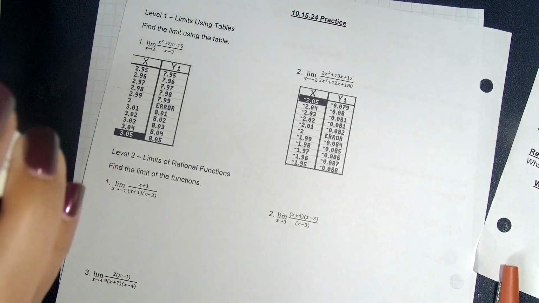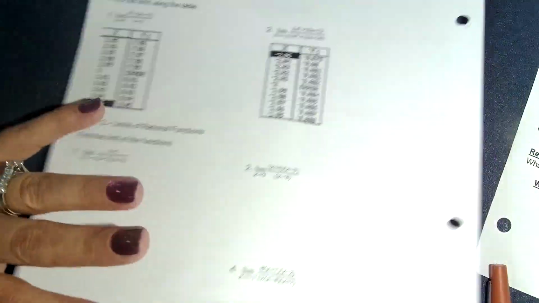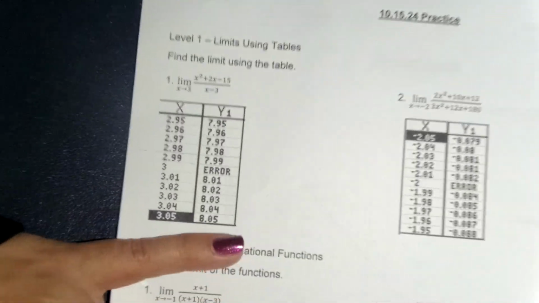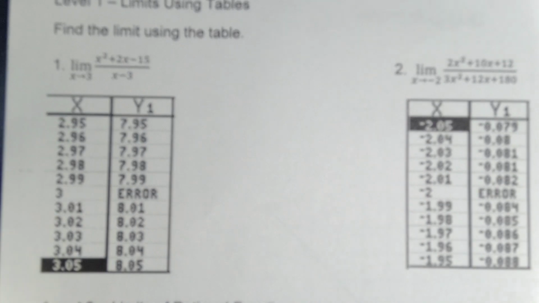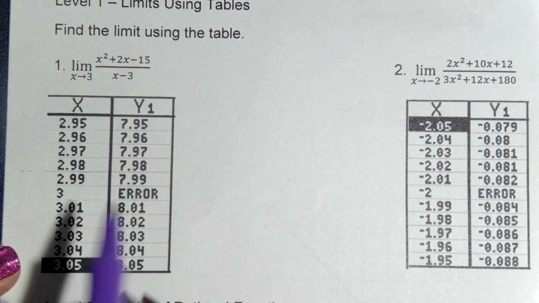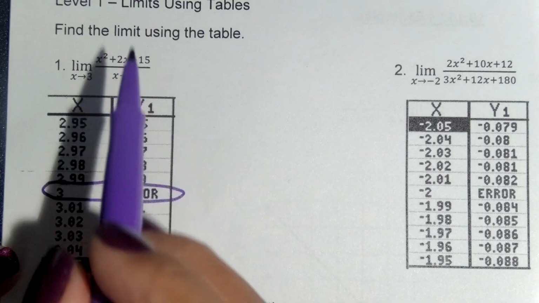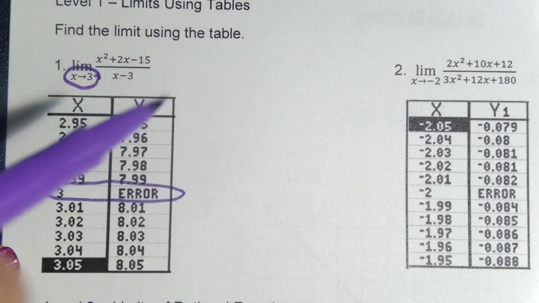All right, let's look at this. It looks like some of you are confused. So let's try one of them together. What is the value that we're looking for? 3. How do I know that? Well, the function tells me to go to 3, right?